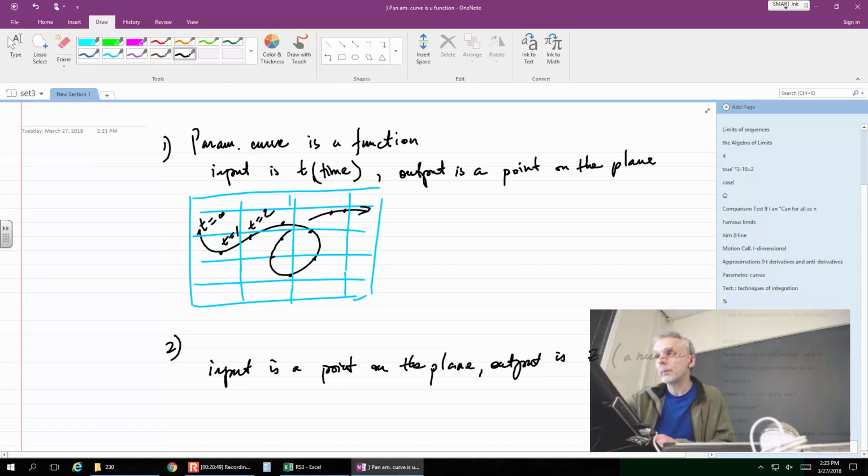Okay, so a point on the plane as opposed to a number. So it goes in the opposite direction. The input becomes output and vice versa.